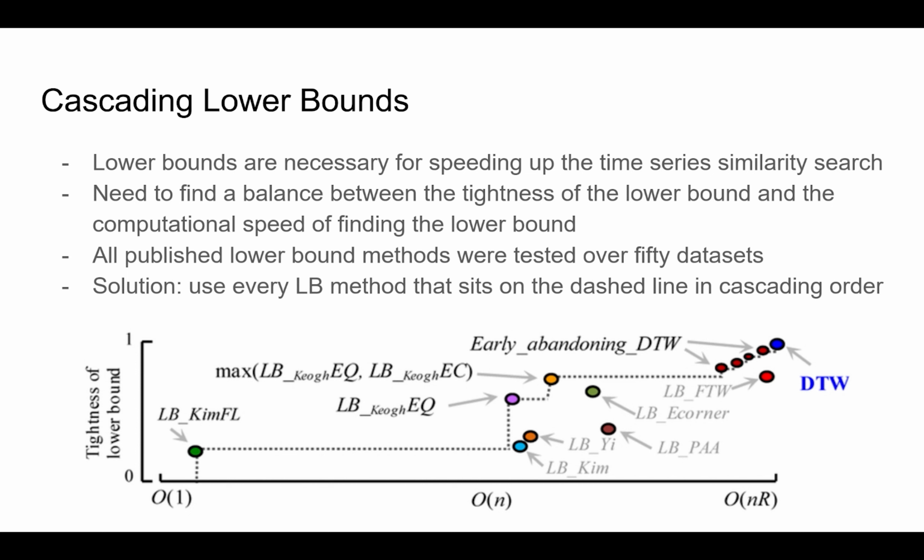We use each of these methods in cascading order from lowest complexity to highest until one of them is able to prune candidates. Doing this allows us to optimize the tightness of the lower bound and the complexity of finding it, and as a result speeds up search times.